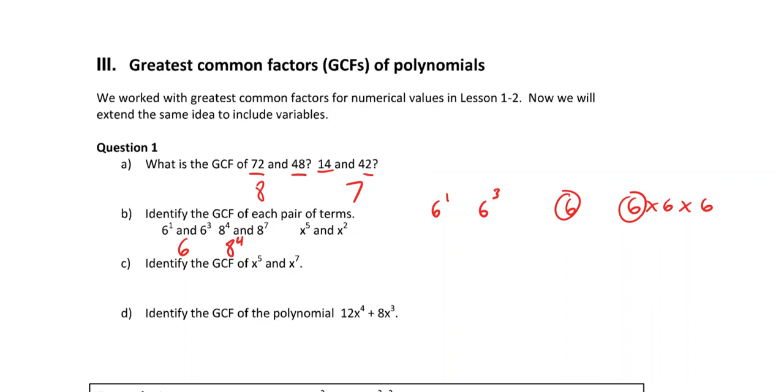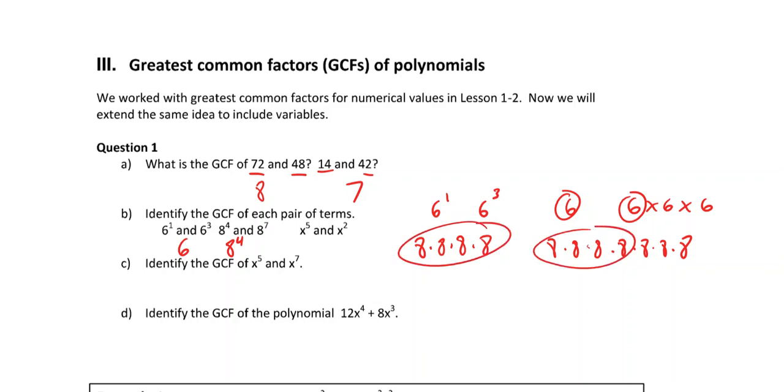And it's worth writing out here just so we know. 8 to the 4 would just be 8 times 8 times 8 times 8, and 8 to the 7 would be 8 times 8 times 8 times 8 and so on. We can see that 8 to the 4 is in fact common to both of them. But when we're just looking at the exponents, you can quickly see the smallest exponent is going to be common to both of them.